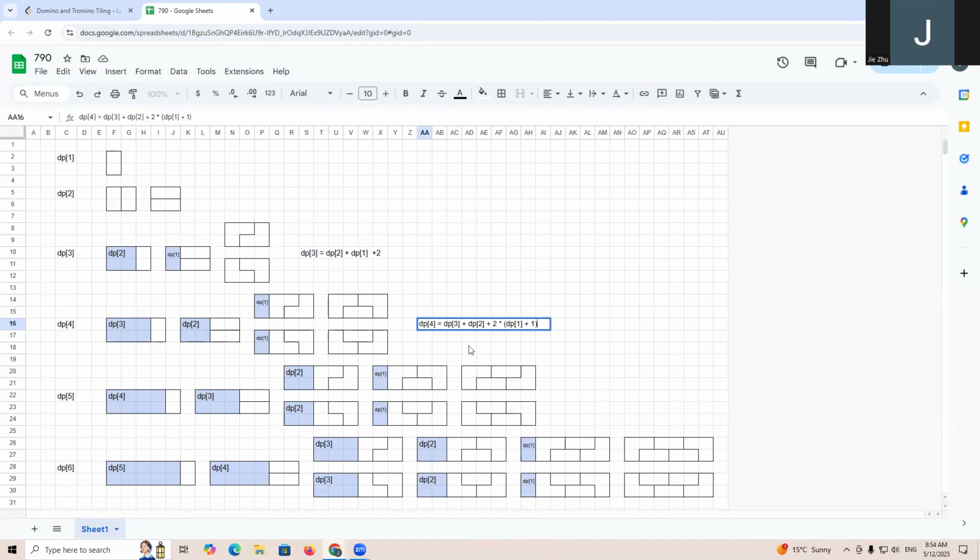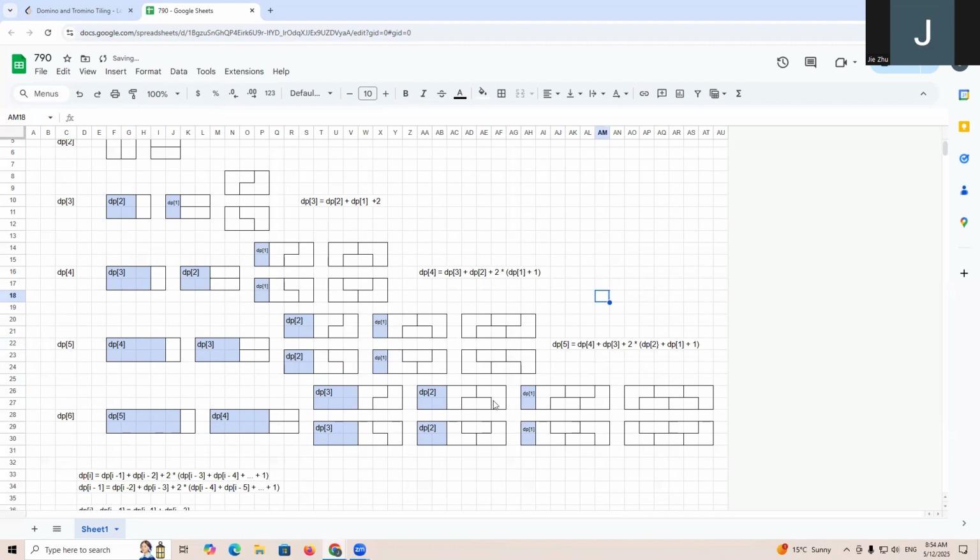And dp5 will be dp4 plus dp3 plus 2 multiplied by dp2 plus dp1, and plus 1.